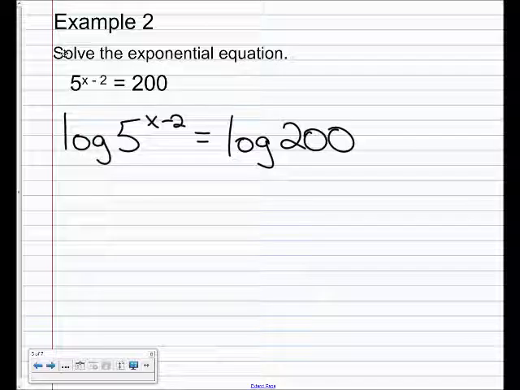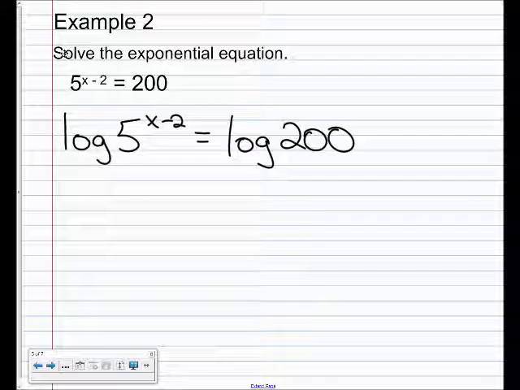Now, there's a property from Thursday that you looked at. It's called the power property. It says I can do something with this exponent. I can't just get rid of it. We can actually move it somewhere.